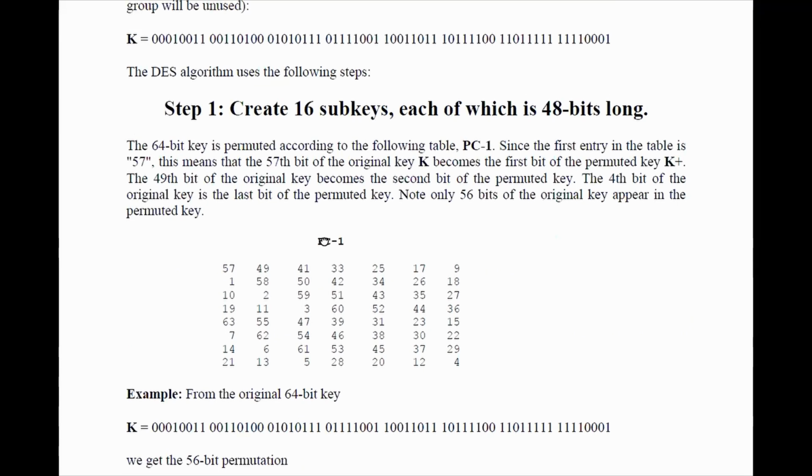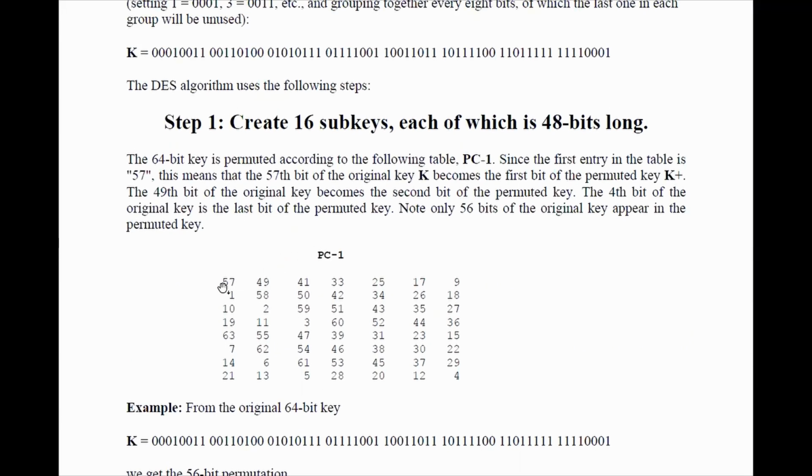Let us count the 57th bit from the last one. 64 is the 64th bit, then 63, 62, 61, 60, 59, 58, 57.